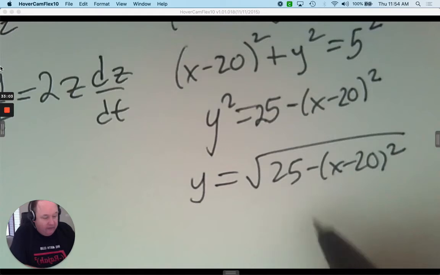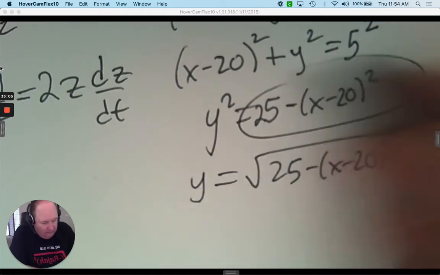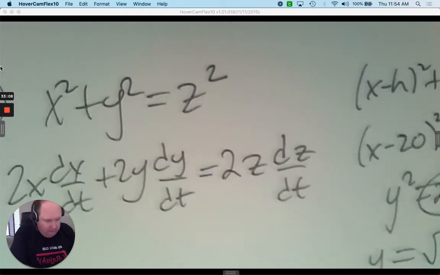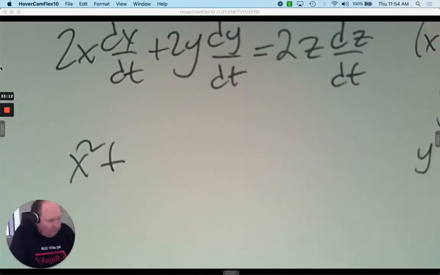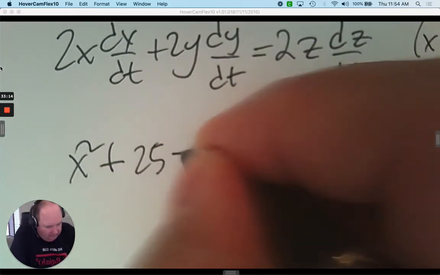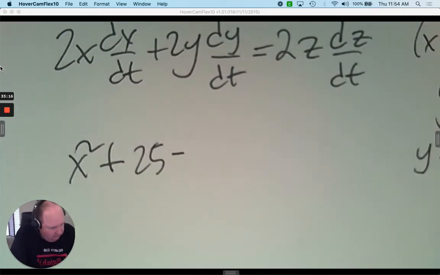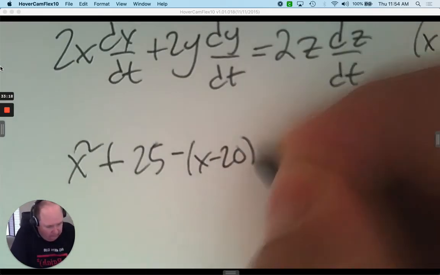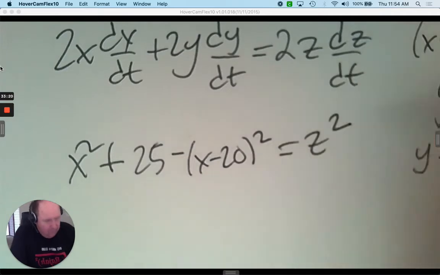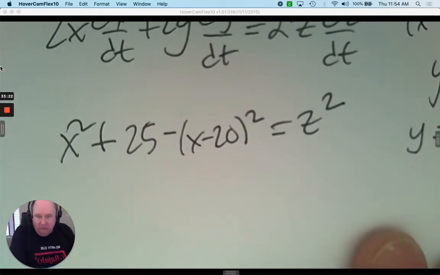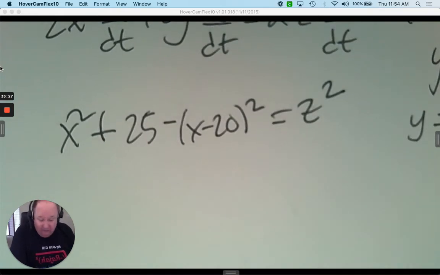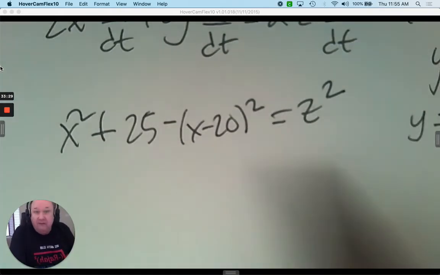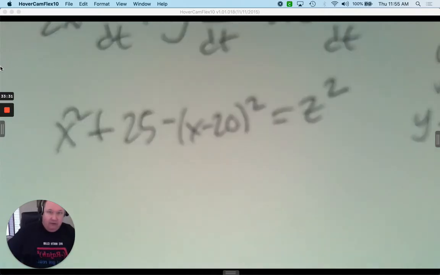In fact, I don't even need the square root. I just need y squared, to be honest. So I'm going to come back here. z squared equals x squared plus y squared, and we just said that y squared is 25 subtract (x minus 20) squared. And now I'm going to take the derivative with respect to time. But first, before I take the derivative, I'm going to do a little bit of algebra.